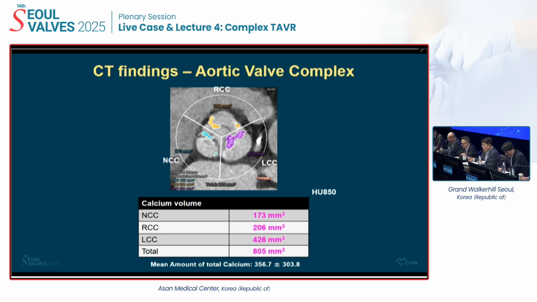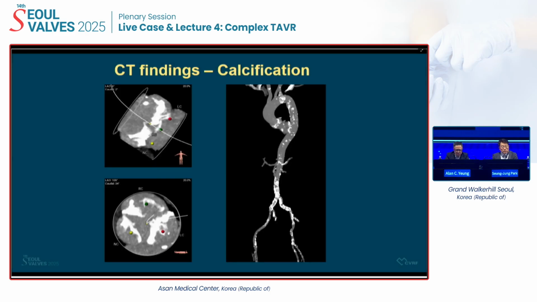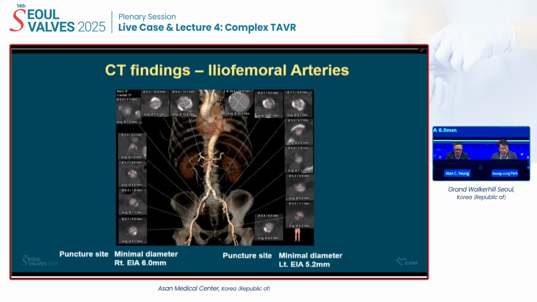Calcium volume of the aortic valve was 805 in total, mainly in the LCC. There was heavy calcification in peripheral arteries, and the minimal diameter of the peripheral artery was 5 to 6 millimeters.